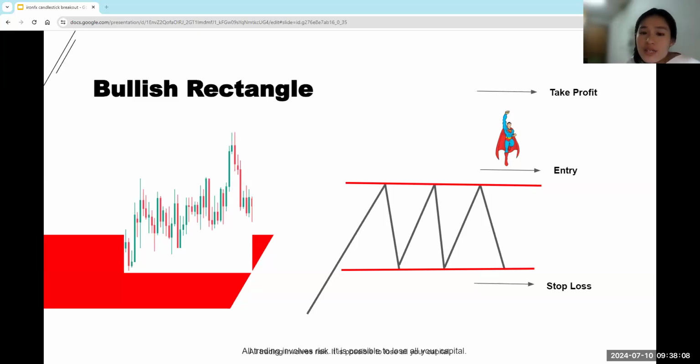In this case, since it's a bullish rectangle, we would continue to buy in a bullish trend when the price rises above the flag's upper boundary. Upper boundary basically means this line here. Once it rises above the triple swing highs here, or if we're looking at the price chart, as long as it rises above this swing high.